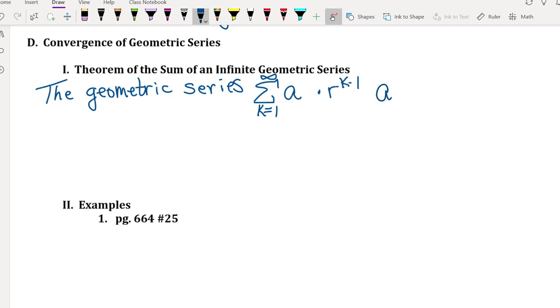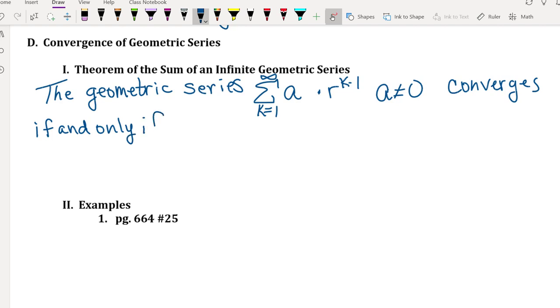And if we say that a cannot equal 0, that's our first term, the series converges if and only if the absolute value of r is less than 1. Now r can be a negative number, but we're looking at the absolute value of that.